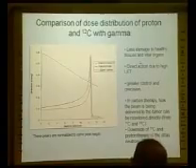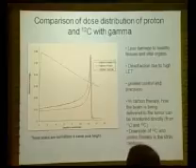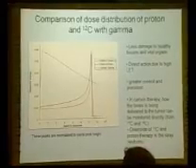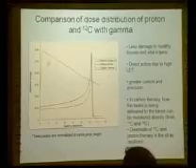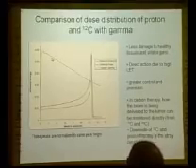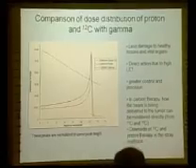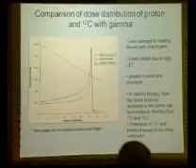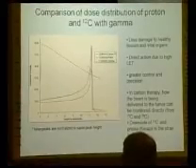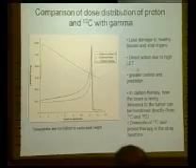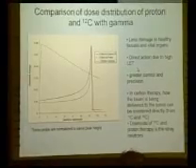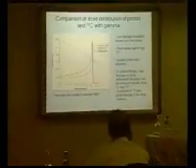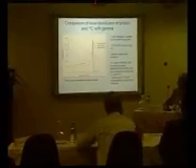Less damage to healthy tissues and organs, as I explained, and direct action due to high LET, linear energy transfer, and greater control and precision. I didn't have much time to explain the direct and indirect action. Normally photons, the X-rays or gamma rays, have indirect action, whereas protons and heavy ions have direct action. And I showed you how we can nicely spread out the Bragg peak and precisely hit the target.